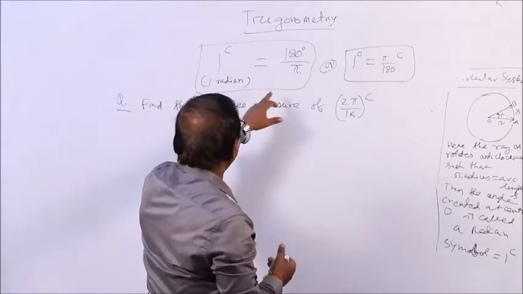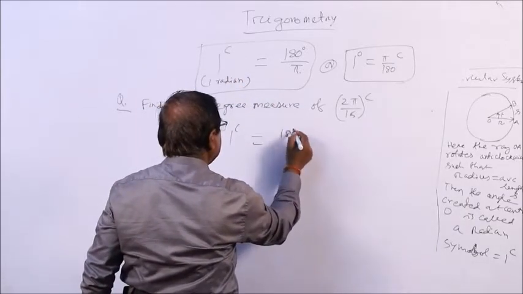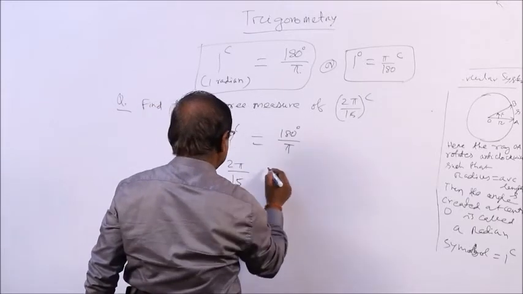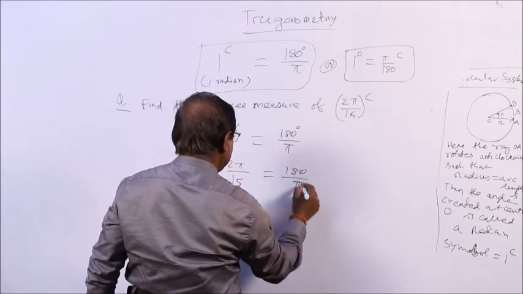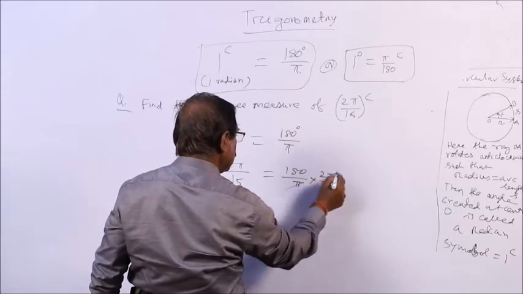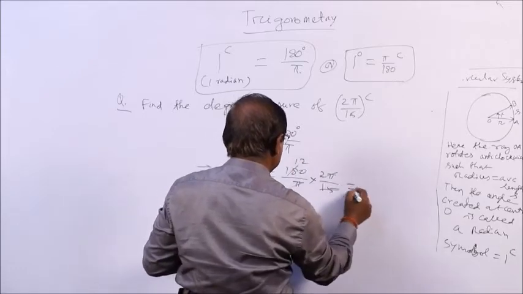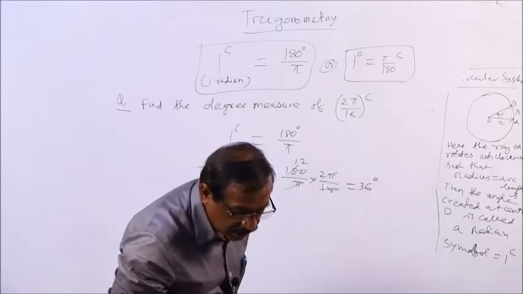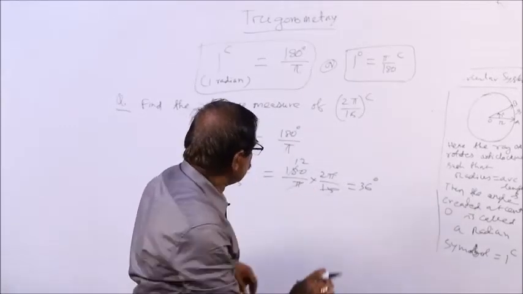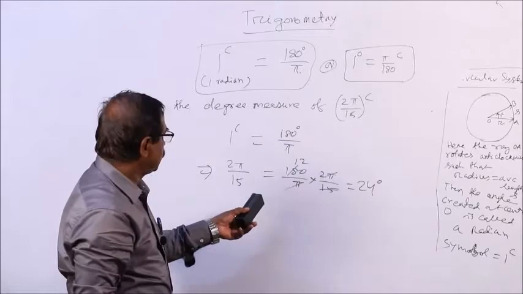When one radian is equal to 180 degrees by pi, 2 pi by 15 is equal to 180 by pi into 2 pi by 15. This pi goes, so this becomes 12, so this is 36, sorry, 24, I am sorry, 24 degrees, right.